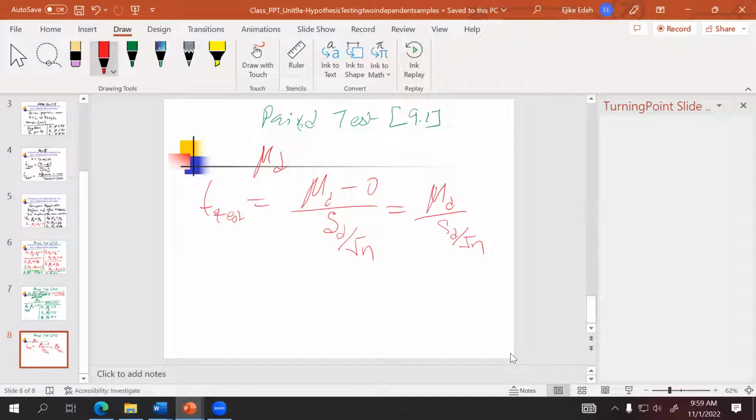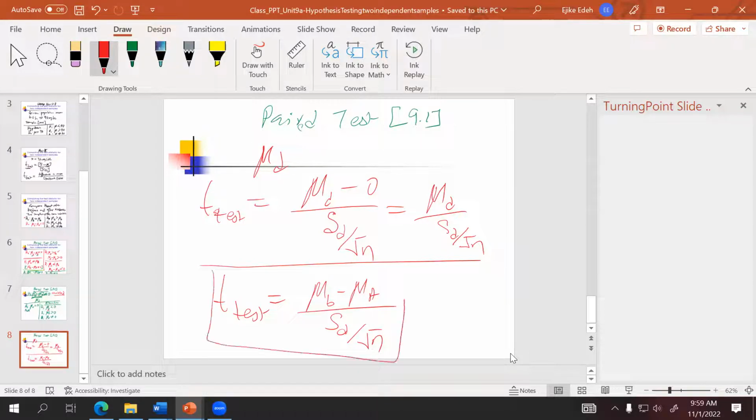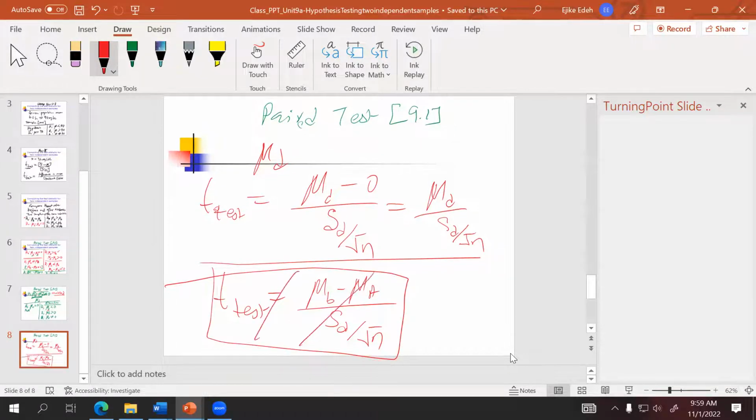Remember what mu-d is, so you can actually expand it a little bit. If you expand it, then the test statistics is something like mu before minus mu after, if you're doing before and after, divided by standard deviation of the difference over square root of n. This is just the standard version, but we are going to focus on this one because this is simpler.